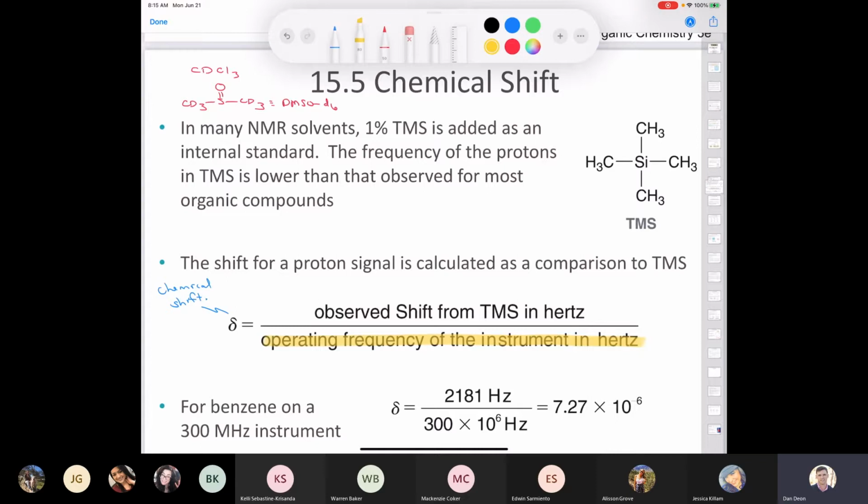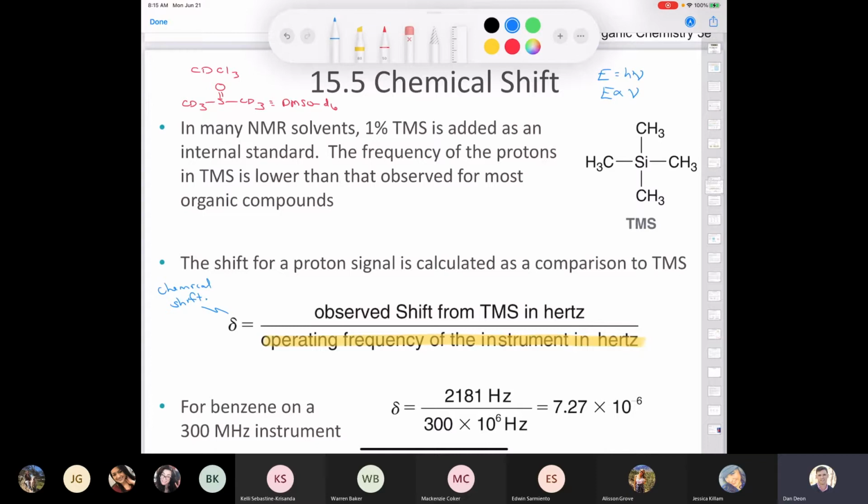Whereas if we have a stronger magnet, let's say it's around 7 Tesla, well, in that case, in order to cause those protons to come into resonance, we need to use a higher energy type of electromagnetic radiation. Since we know that E is equal to h nu, we know that energy is directly proportional to not only the magnetic field, but the frequency.